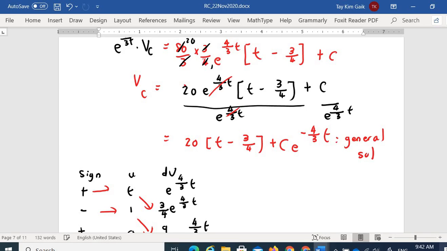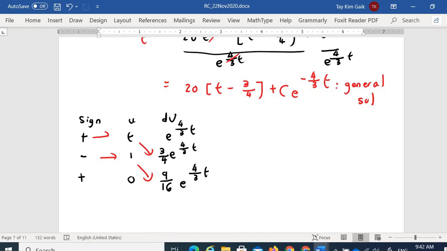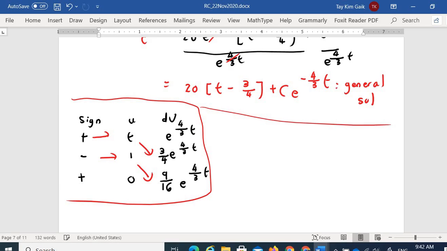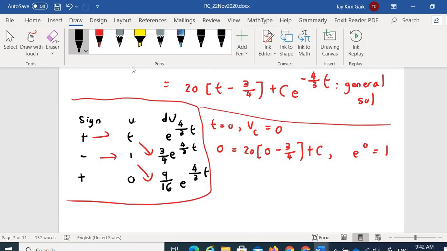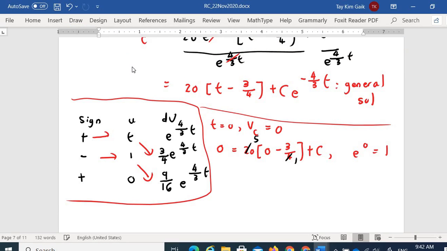Just now they also gave that at t equals 0, VC equals 0. So you have 0 equal to 20 times, t here is 0, minus 3 over 4, plus C, because exponent 0 is 1. This is negative 15, so 0 equals negative 15 plus C. That's why C is 15.